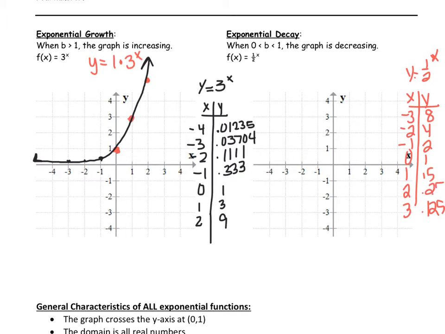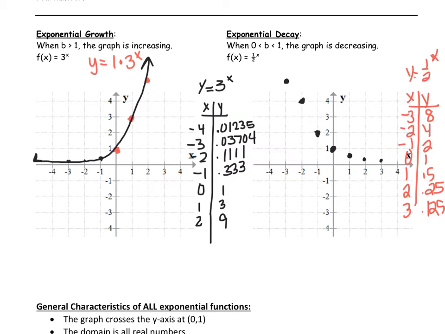Okay, so let's graph the positive values in the y first. So -3, 8. I know we probably can't fit that, so we'll just estimate. So -3, 8 is probably somewhere here. -2, 4. -1, 2. 0, 1. 1 and 0.5. 2 and 0.25. 3 and 0.125.